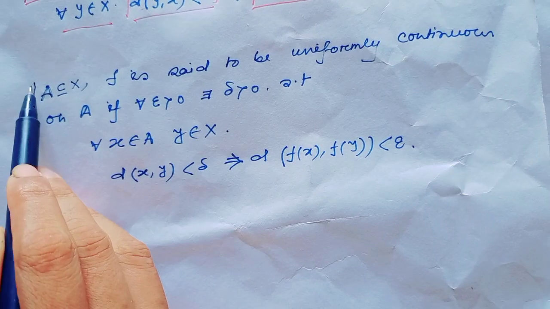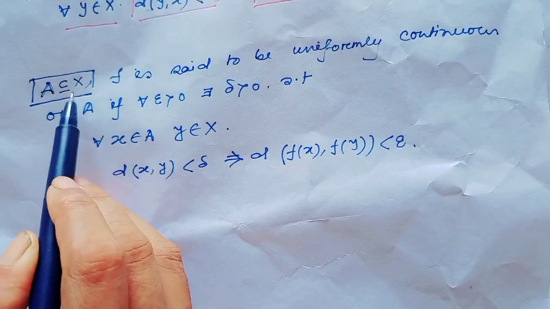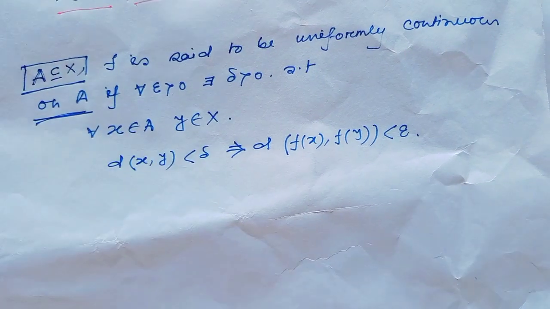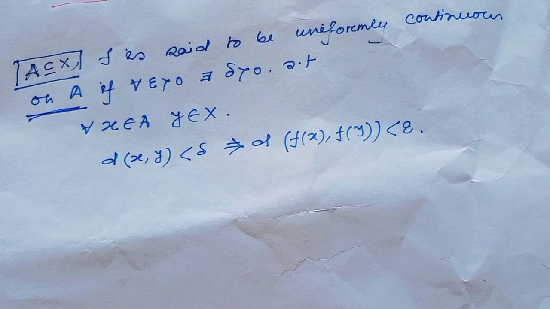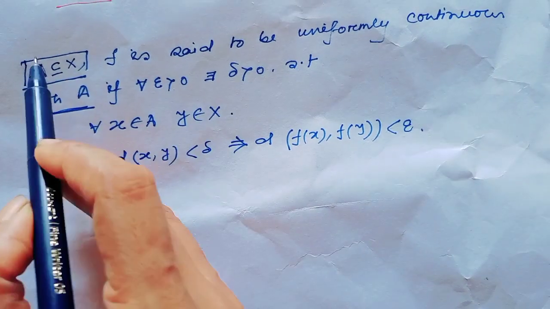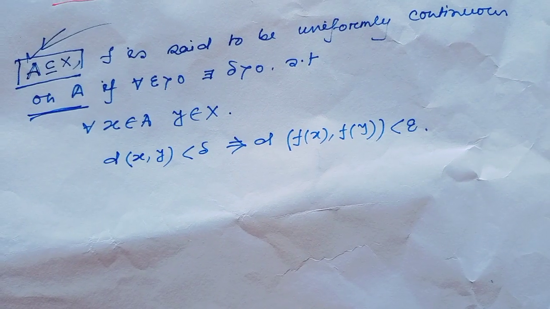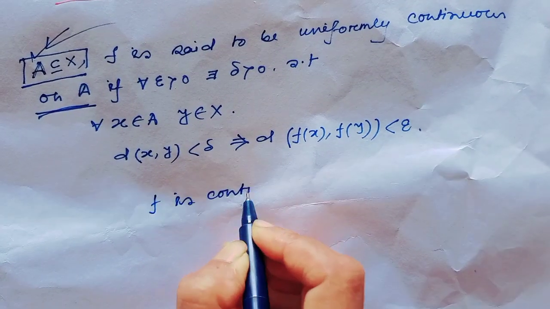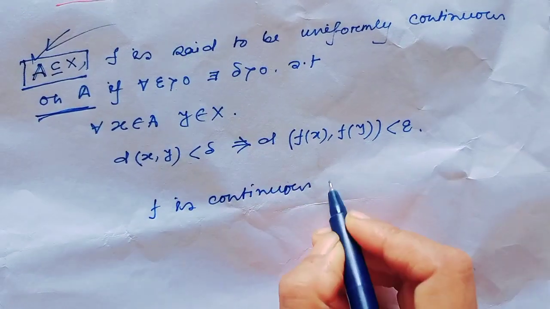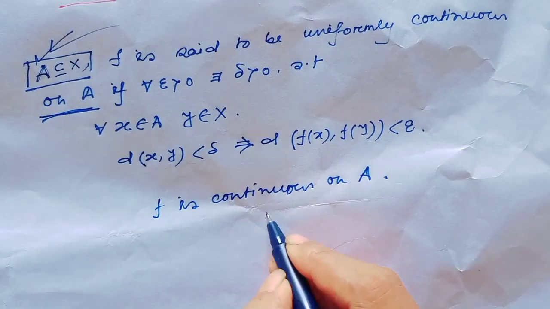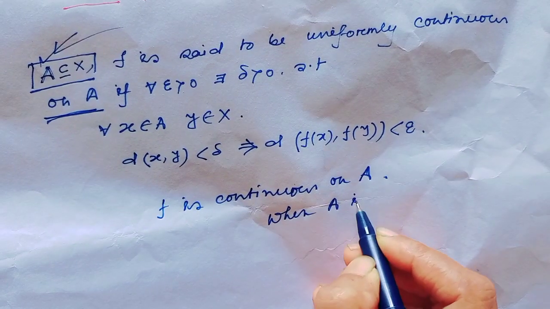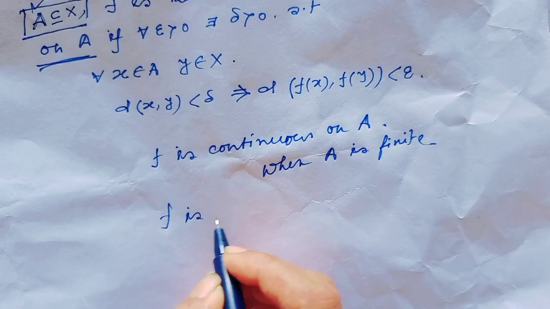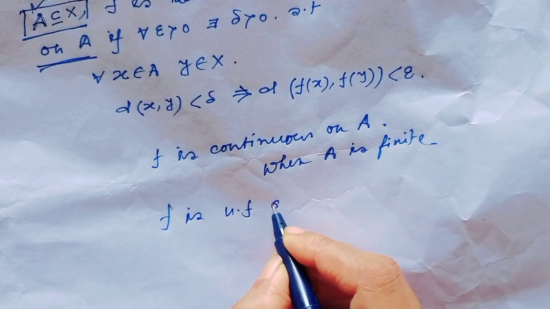Here I have considered a subset A of X, and f is uniformly continuous on the set A. If A is a finite set and f is continuous on the set A, that implies f is always uniformly continuous on the set A.